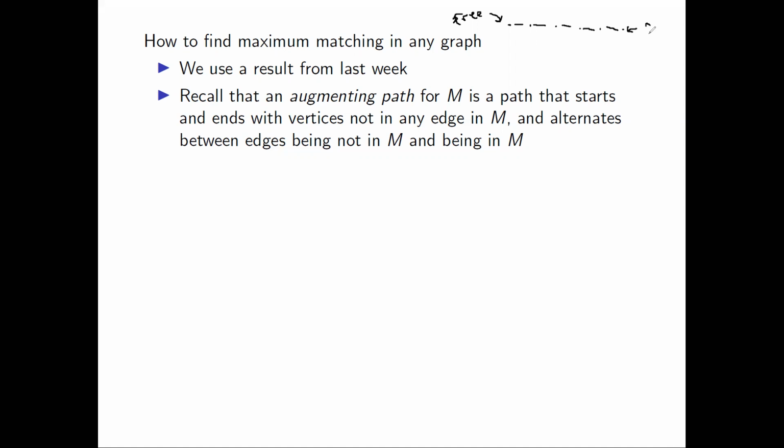Same with this one on the end, that one's also free, it's not in M. And the edges on this path that are in M are this edge and this edge.